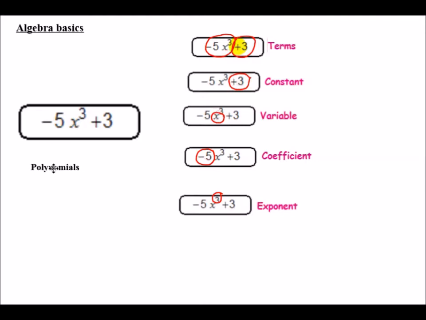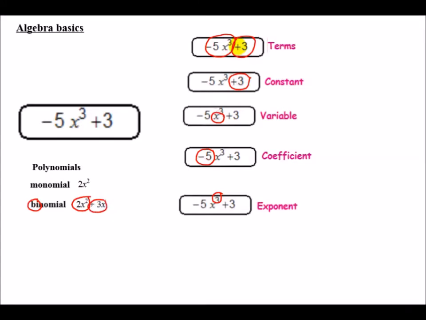Algebraic expressions can be monomial. We have one term. That's a monomial. A binomial, if you think of bicycle, bi means two. So binomial will be an algebraic expression with two terms.